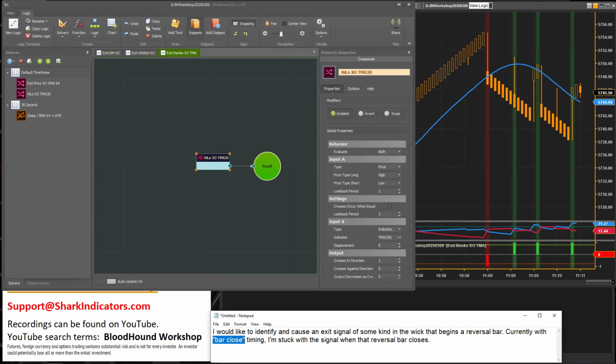Let's see here. So Vaughn's last comment is about using the signal blocker to avoid the tails during the trend.